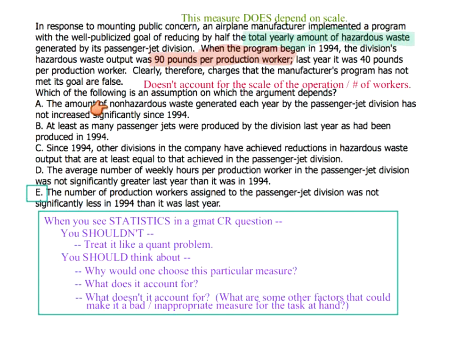Maybe if you thought A, you were just not reading it very carefully, because we don't care at all about non-hazardous waste in this problem. The program is just about reducing hazardous waste. So as soon as you see this word, you should be like, I don't care. This is not a thing I'm even worried about.